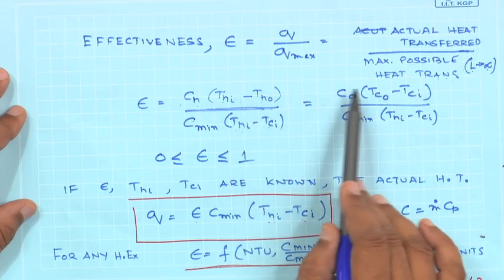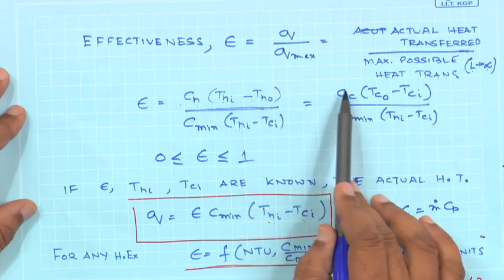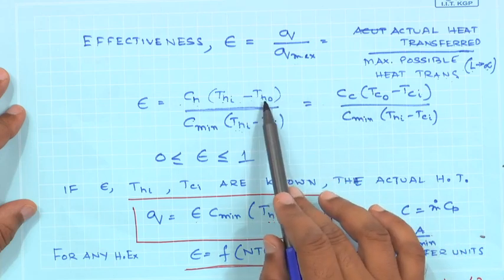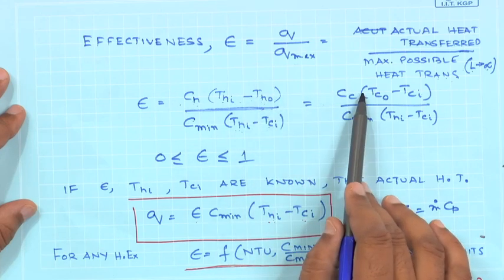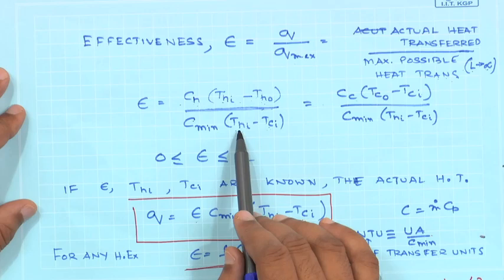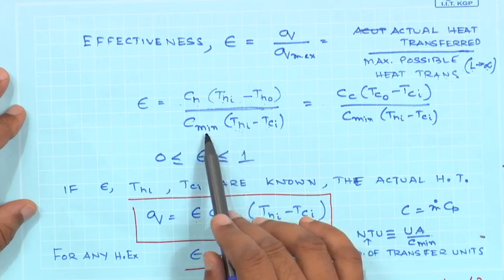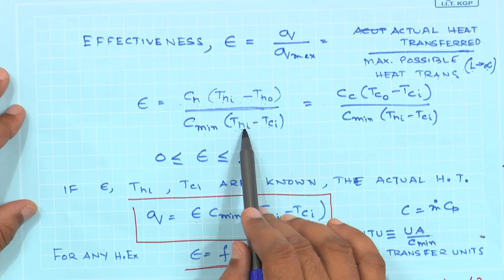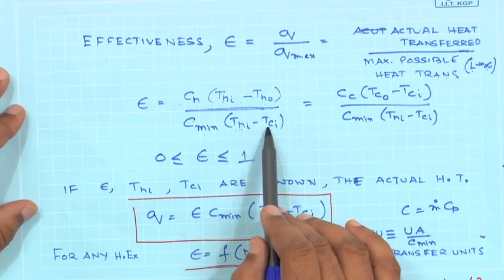So, these two numerators are the actual heat that has been transferred, and obviously through heat balance these two are equal. Whereas the denominator is going to be, as I said, C minimum times the maximum possible temperature drop that is possible in a heat exchanger.